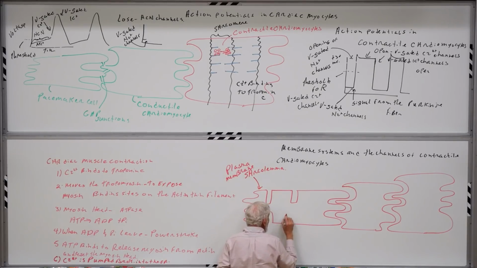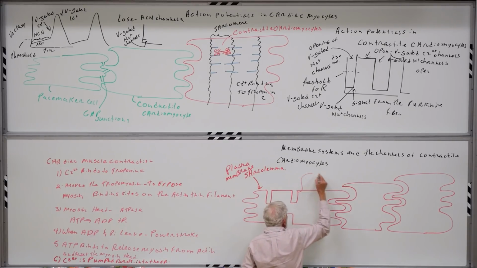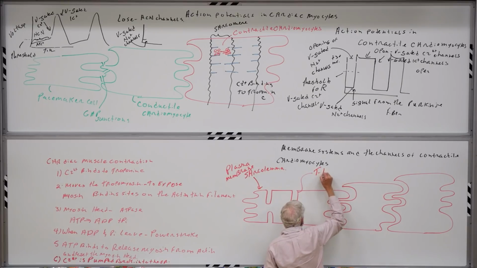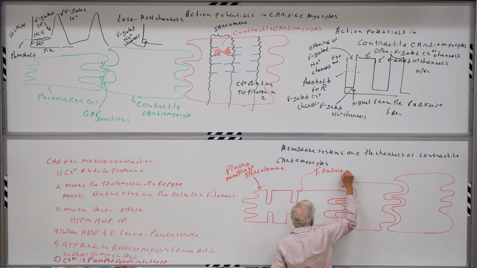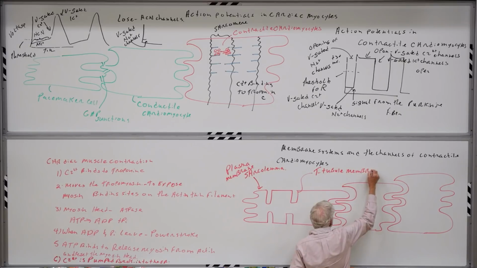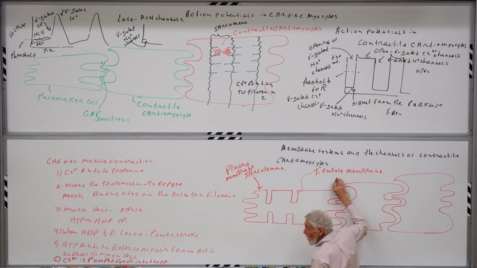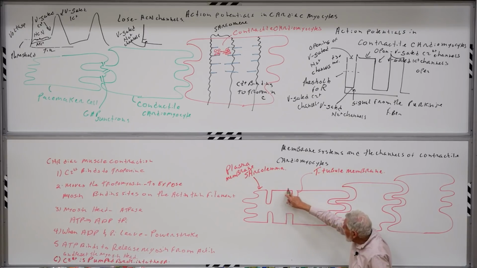There was a name for these extensions called the T-tubule membrane. These T-tubule membranes, the so-called transverse tubules, were extensions of the plasma membrane that went down into the cell.